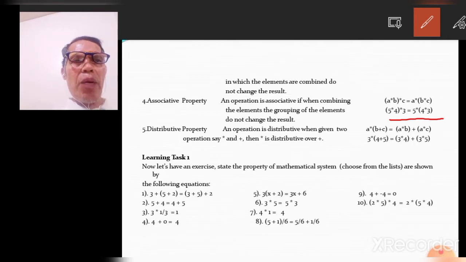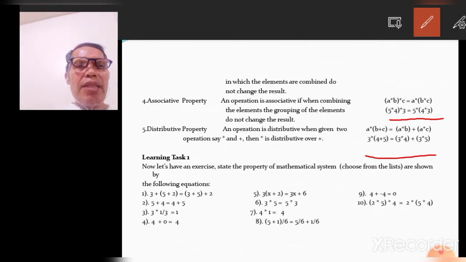If we are going to represent it by number, let's say 3 times the sum of the quantity open 4 plus 5 close must be equal to the product of the quantity open 3 times 4 close plus the product of the quantity open 3 times 5 close. So it means that 4 plus 5 is 9 times 3 is 27.